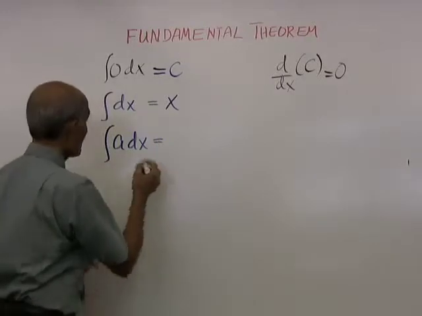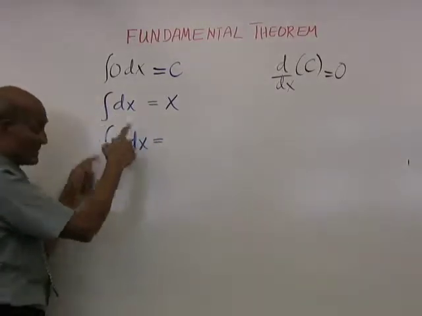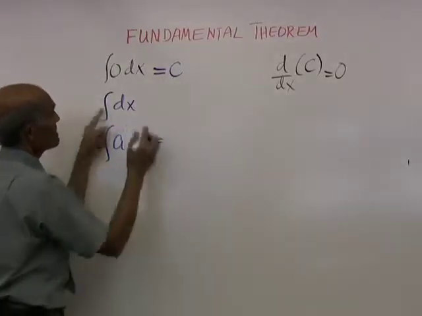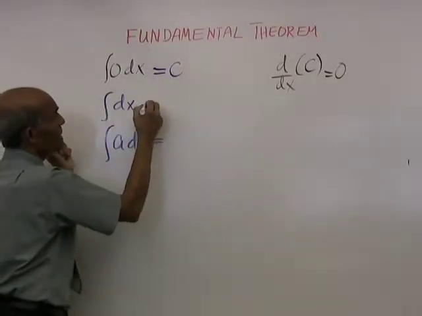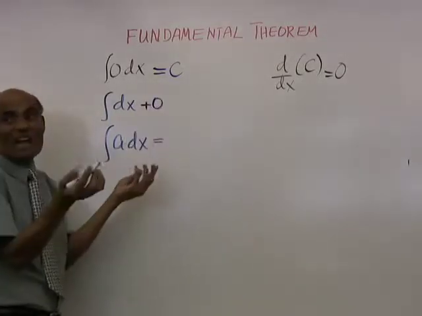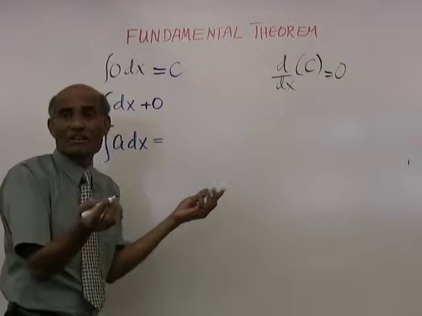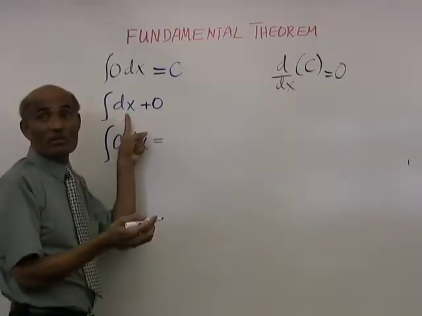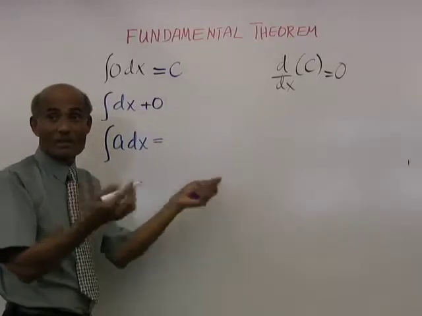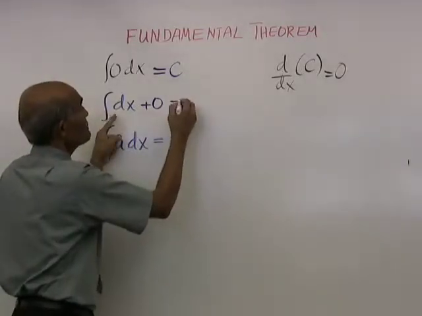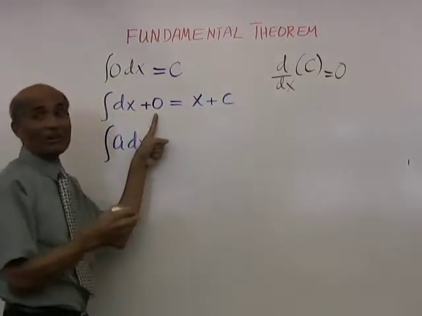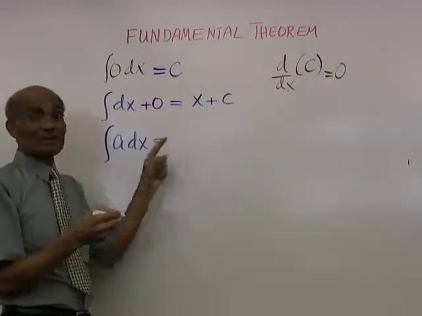And therefore, the integral of dx is the same as, let me rewrite this, the integral of dx plus 0. Adding 0 doesn't change anything. So, the integral of dx and the integral of dx plus 0 are the same thing. And therefore, the integral of dx is x plus c. The integral of 0 is c.